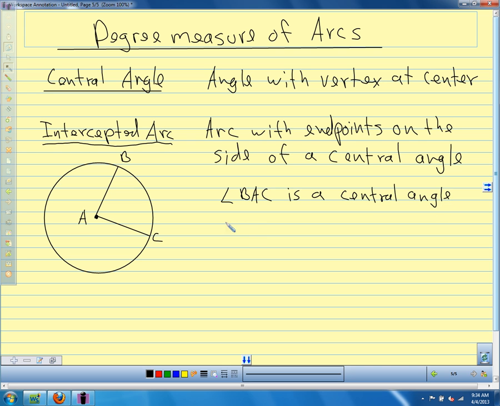And arc BC is the intercepted arc. So we know what our central angle is. We have an intercepted arc, the arc where the sides of the angle meet the circle. So now we know what the central angle is, we know what the intercepted arc is, we can talk about the degree measure of the arc. So questions on central angle and intercepted arc?